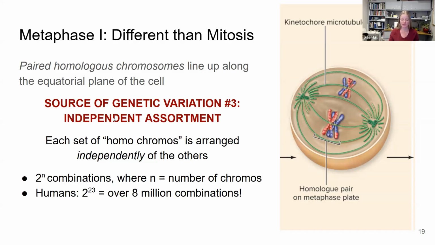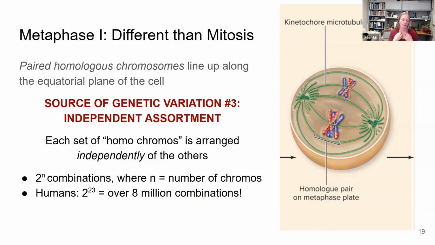So that is going to give us, again, when those cells separate, a different gene combination in the daughter cells. Okay, so that's our third source of genetic variation, independent assortment, and it occurs in metaphase one. The number of chromosomes that you have is going to lead to more unique and distinct gene combinations.